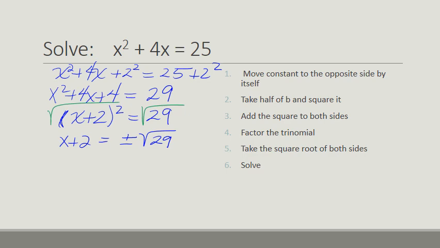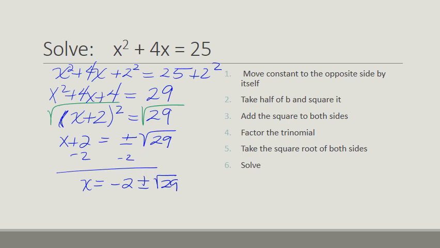And then I would just subtract 2 from both sides so that I would get x equal to negative 2 plus or minus the square root of 29. And that's how I want you to leave your answer, in radical form. Simplest radical form, but we can't simplify 29 at all.